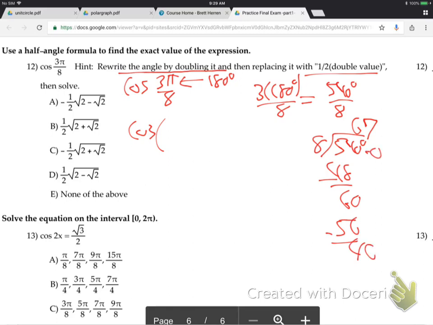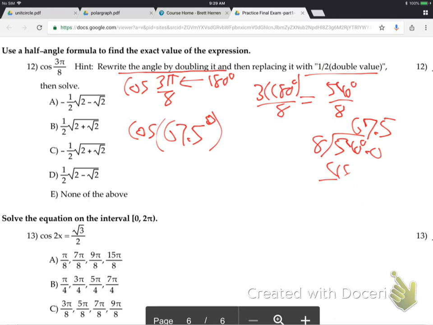Subtract, get 4, add a 0, bring it down, 0.5. That's 67.5 degrees. Everybody okay with that? Remember long division from your youthful days? I got 67.5 there. So that's the cosine of 67.5 degrees.